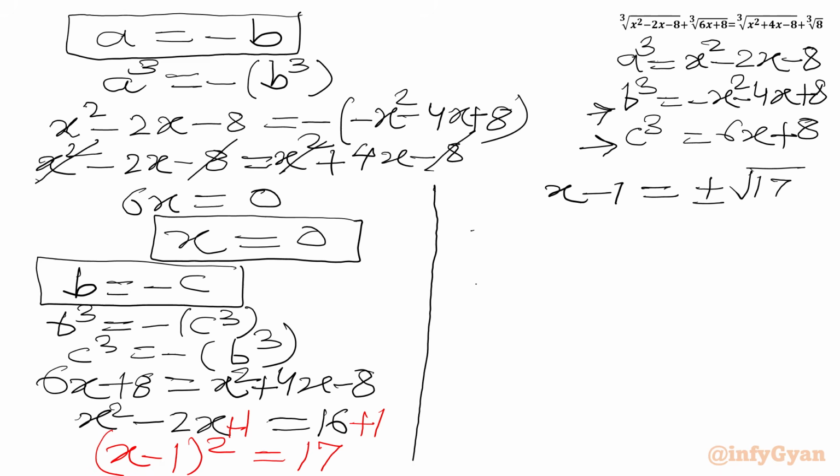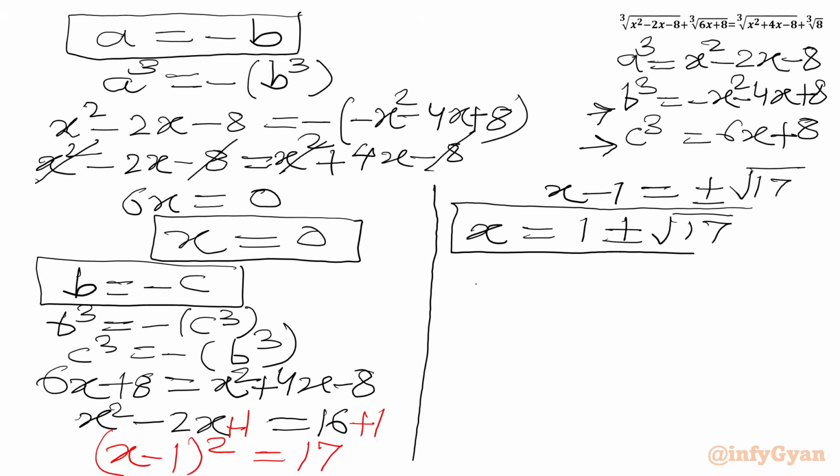By adding 1 to both sides, we'll get two real roots, 1 plus minus square root 17. So we have three solutions in total, x equal to 0, x equal to 1 plus minus square root 17.